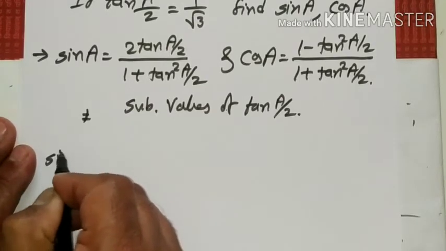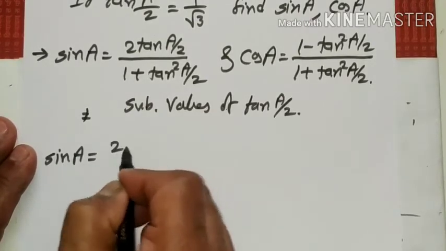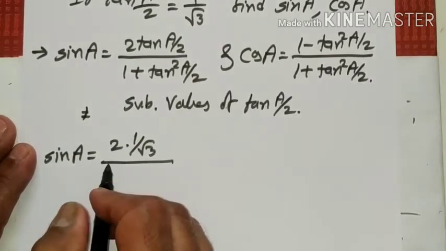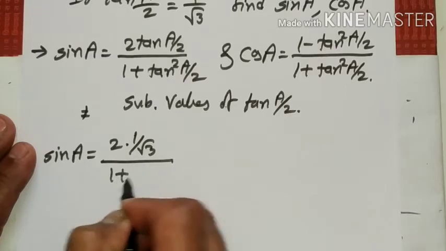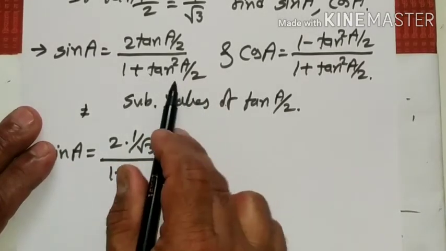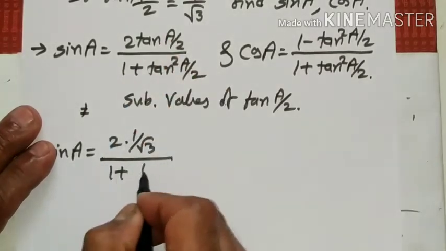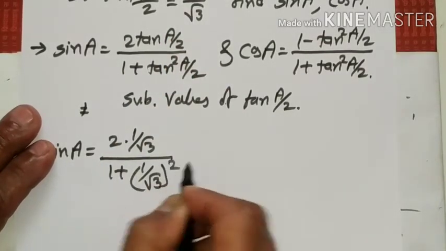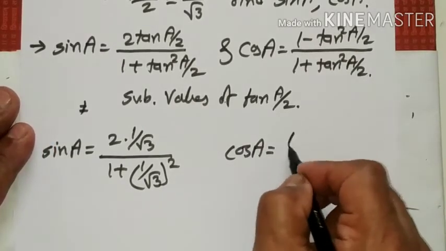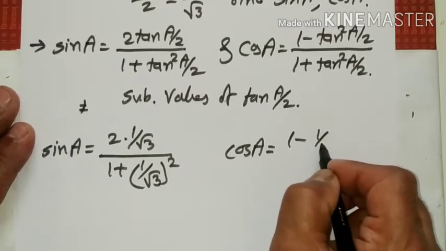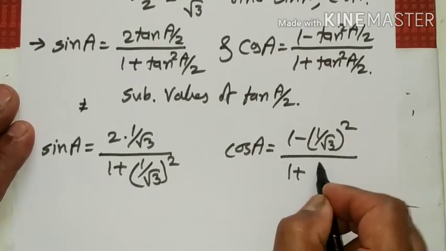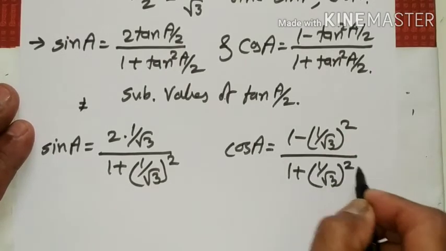Then sin a is equals to 2 into 1 upon root 3 whole divided by 1 plus tan square a upon 2, so tan a upon 2 is 1 upon root 3, 1 upon root 3 bracket square. Similarly, cos a is equals to 1 minus 1 upon root 3 bracket square whole divided by 1 plus 1 upon root 3 bracket square.